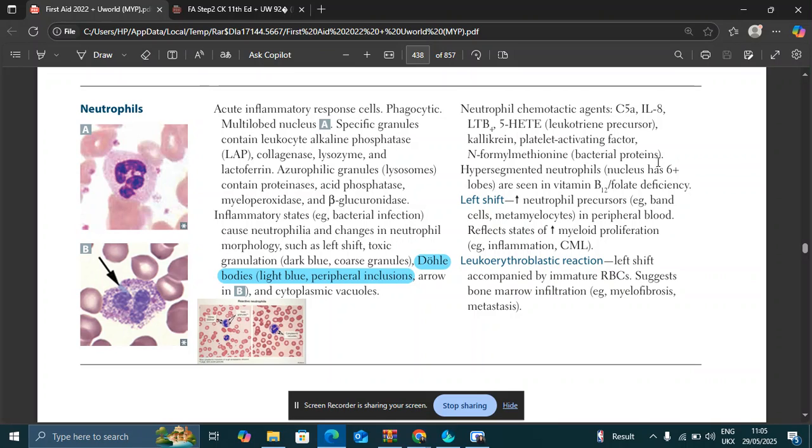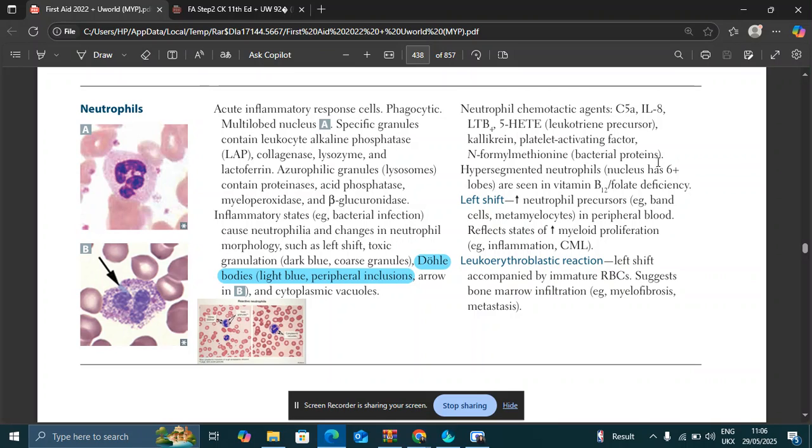So hypersegmented neutrophils, the neutrophils that have six or more lobes, are associated with megaloblastic anemia, either due to vitamin B12 or folate deficiency. Okay. Non-megaloblastic anemia, due to chronic alcohol use or liver disease, we don't see hypersegmented neutrophils.